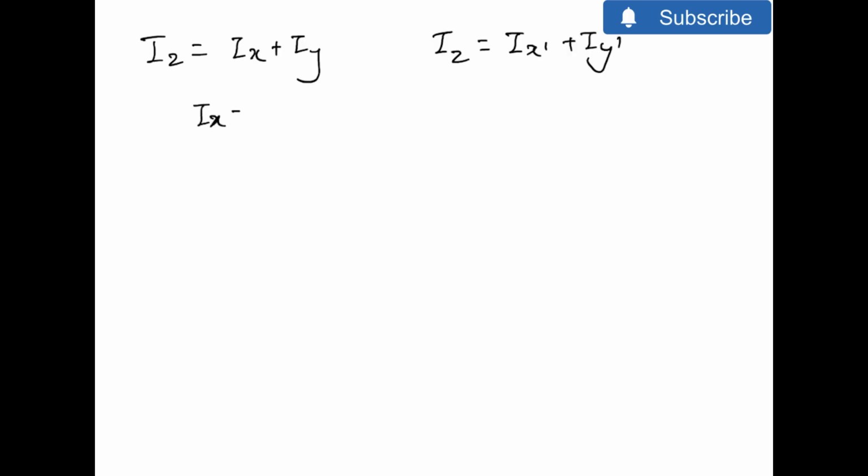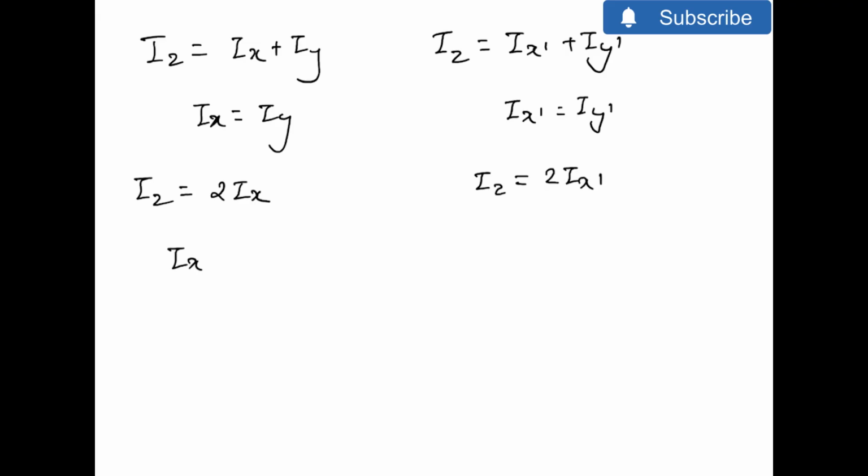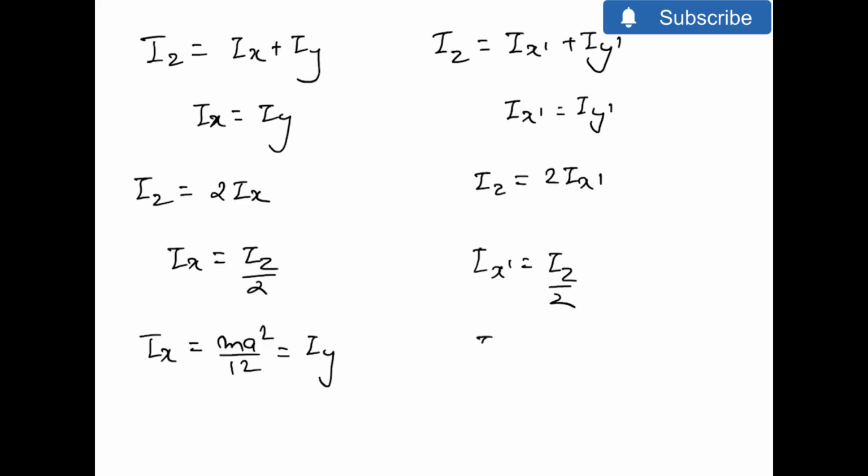If Ix is equal to Iy and Ix dash is equal to Iy dash, then Iz is twice Ix, and also twice Ix dash. So Ix is equal to Iz by 2, and Ix dash is equal to Iz by 2. So Ix is equal to ma square by 12, and this is equal to Iy, and Ix dash is equal to ma square by 12, and this is also equal to Iy dash.